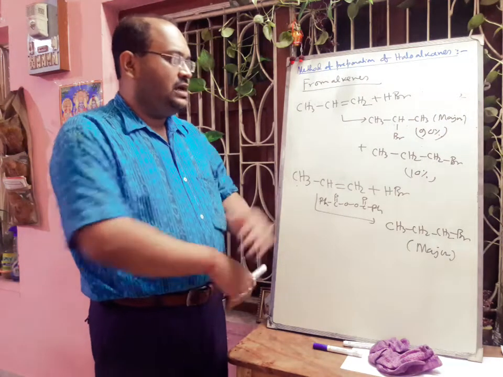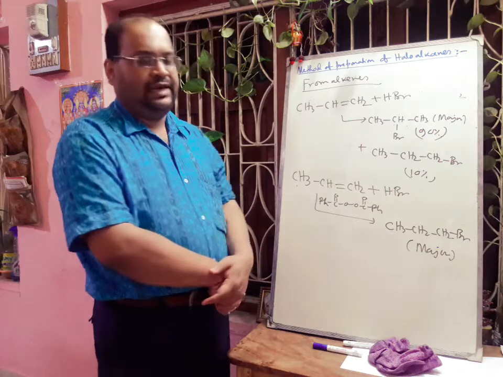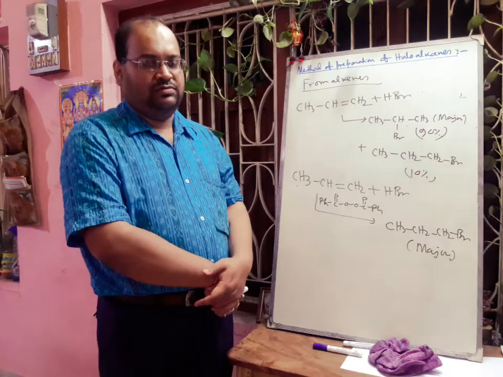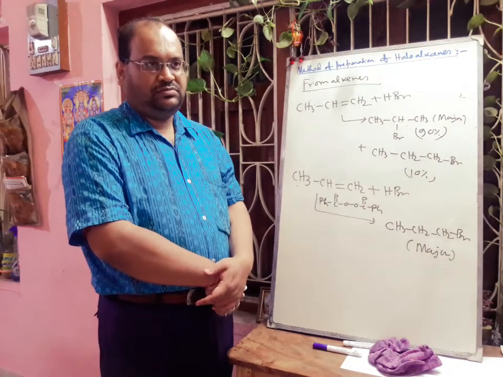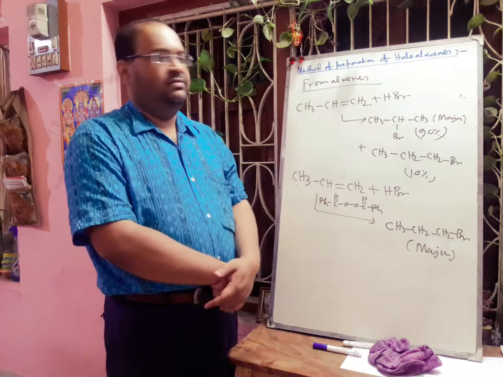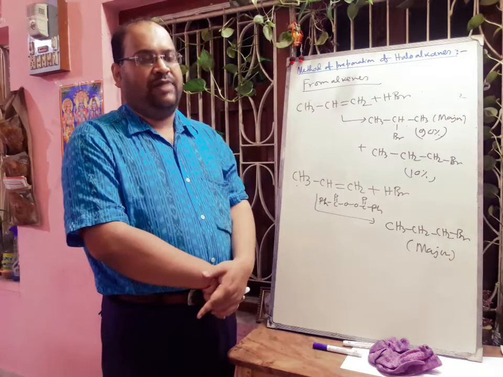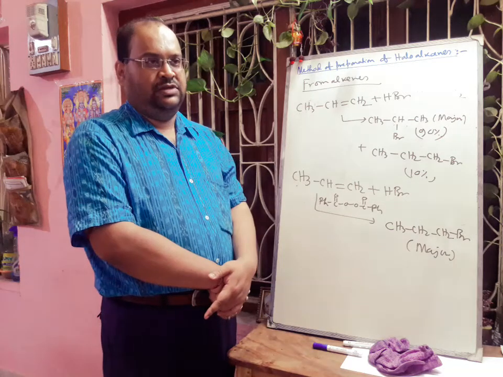So what is the reason for it? To understand this, we have to understand one rule. That rule is called Markovnikov rule. The above reaction follows the Markovnikov rule, and the below reaction follows the anti-Markovnikov rule.